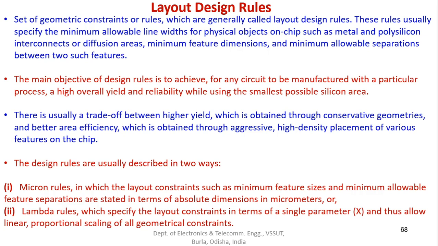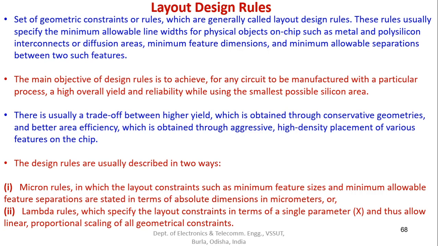There are some rules defined by the foundries or the manufacturing companies, a set of defined parameters that will tell about the actual spacing or the width of interconnects, the width of wires and the width of various components that could be fabricated on the IC.